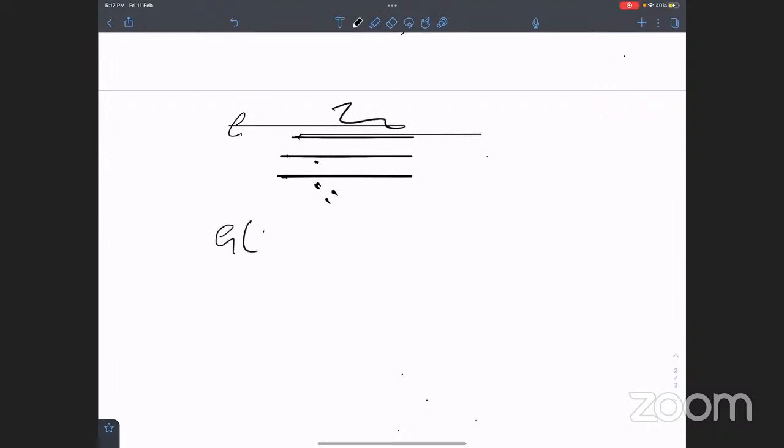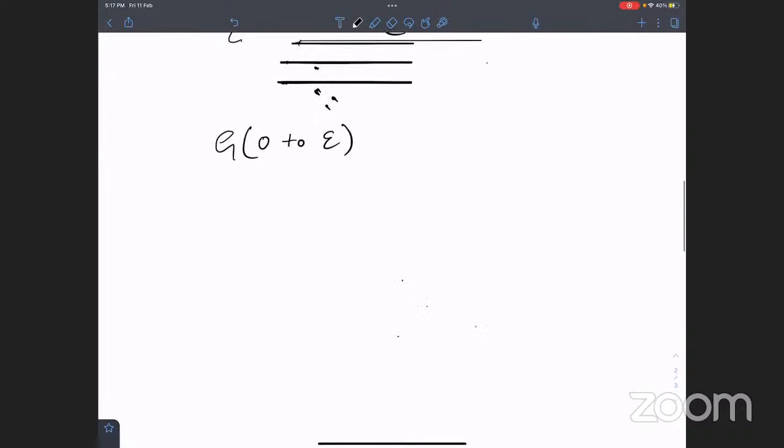Yeah, so this will be summing the states from 0 to E, all the states with energy 0 to E. Let us imagine this function, right?